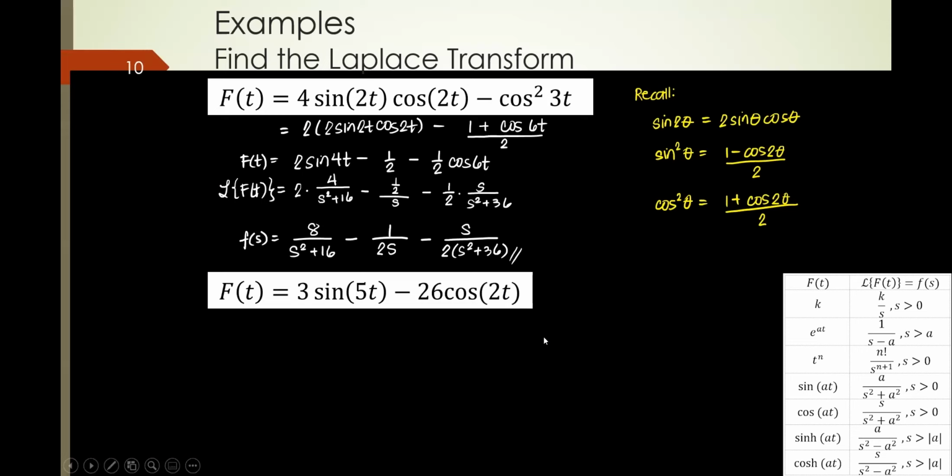All right. Let's try the next one. I don't need the 3. I can bring it out. Can you give me the Laplace of sine 5t? 5 over s squared plus 25. Very good. This one, I don't need the 26. I can bring it out. What about for cosine 2t?